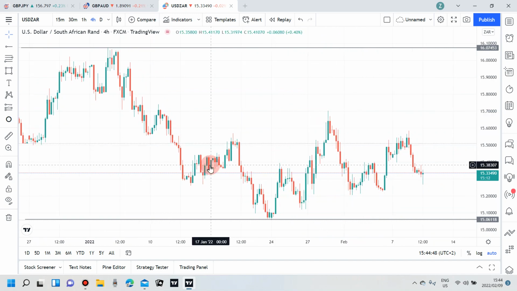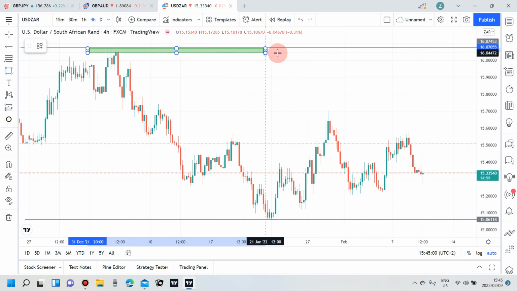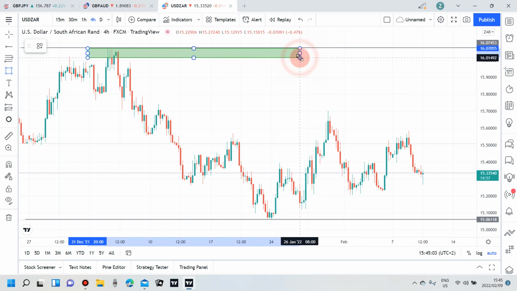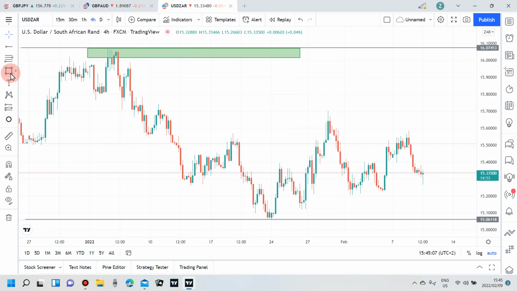So now what you can also do is to draw a zone instead of this key level. You can also draw a zone like this, right?